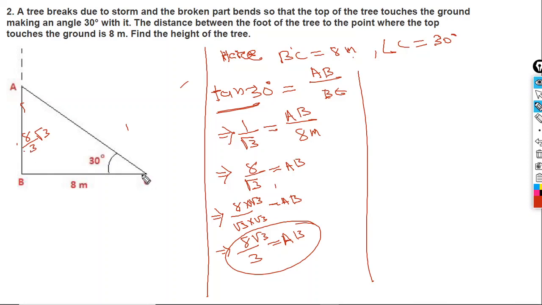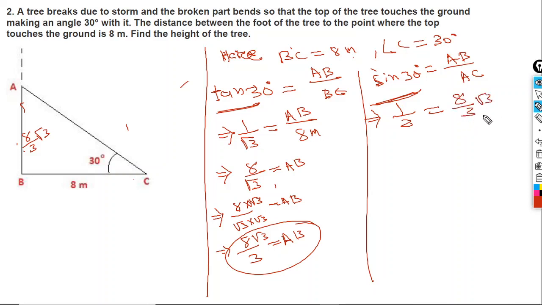Okay, so how can we find AC? If you write sin 30, then it will be AB by AC. Write it, sin 30 degrees equals AB by AC, which implies, you know, the value of sin 30 is 1 by 2, equal to AB, whose length we have just found, 8 by 3 root 3, into 1 by AC.